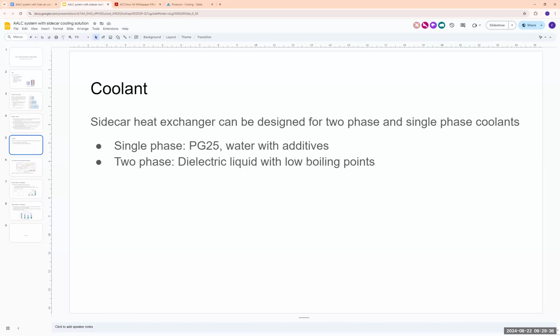Yeah, I know, but like the coolant wise, yes, for sure. But how would that change any major components in a heat exchanger or a sidecar?